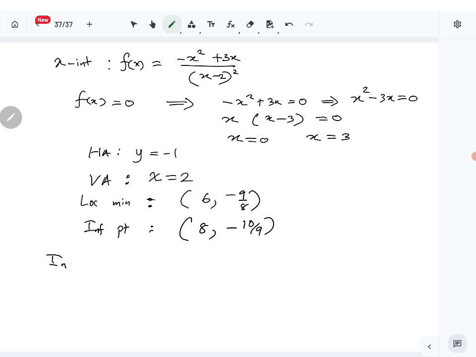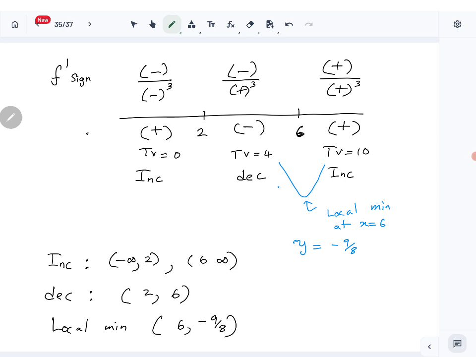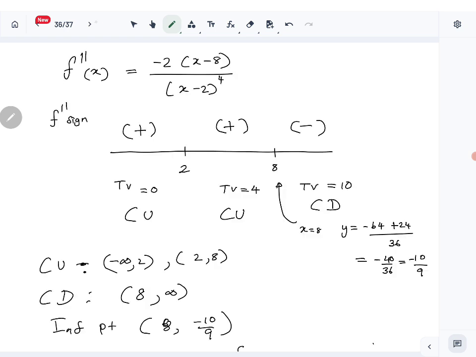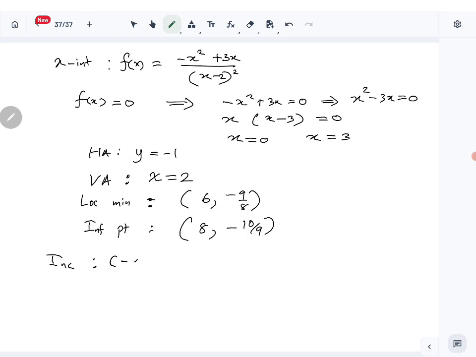Then let me write the increasing decreasing quickly here. Increasing was what? Minus infinity to 2 and 6 to infinity. Decreasing was 2 to 6.